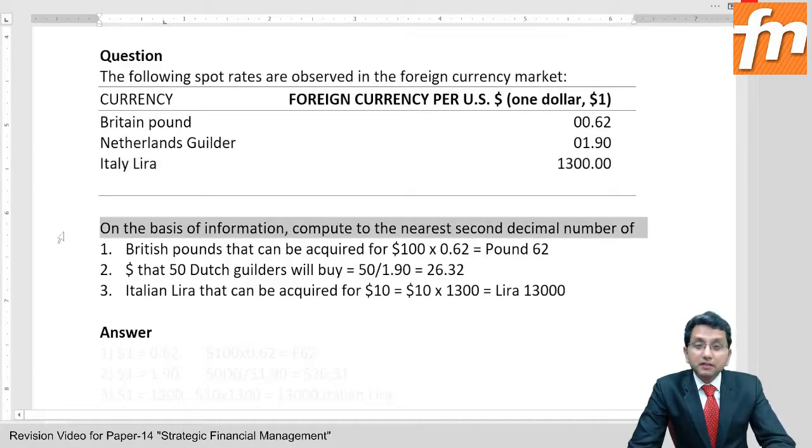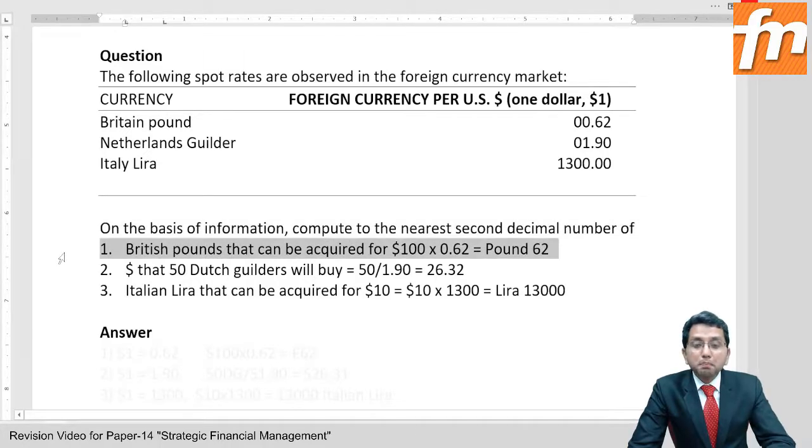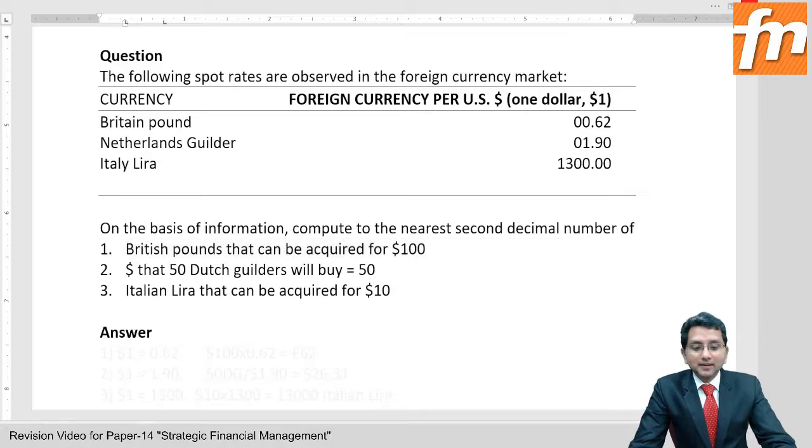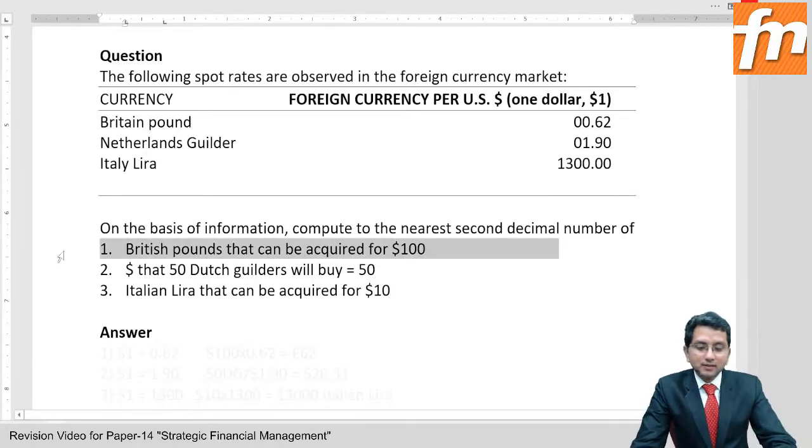On the basis of the information above, compute to the nearest second decimal the British pounds that can be acquired for $100. So now you can see that the given currency is the US dollar.